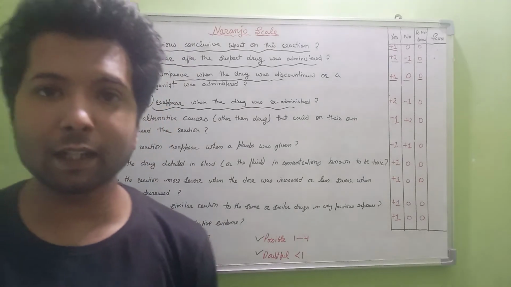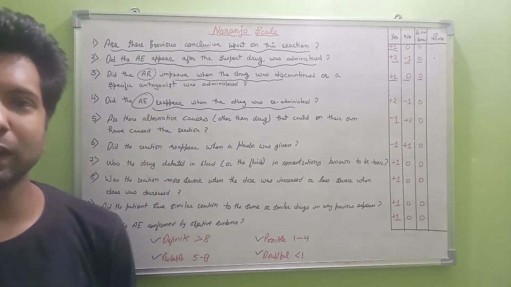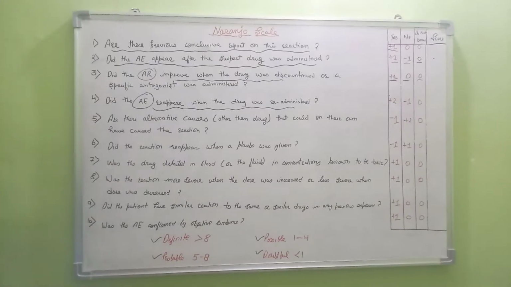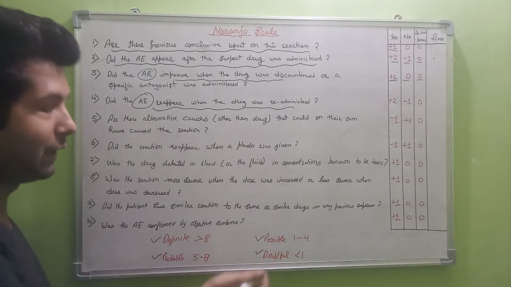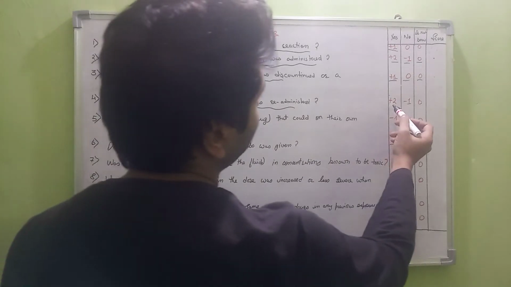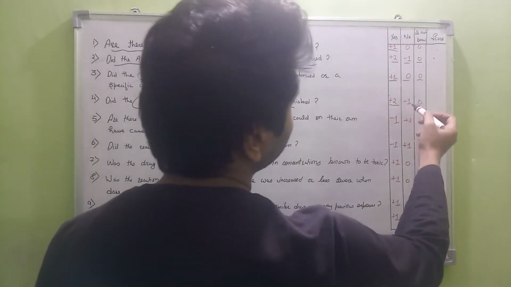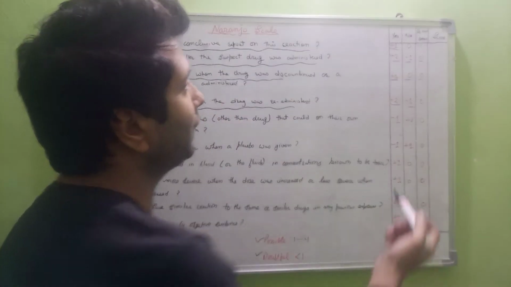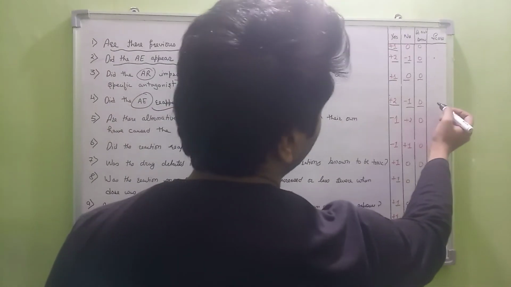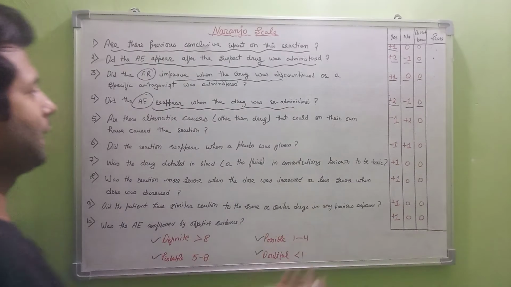Now we reintroduce the drug into the patient, and the patient gets the adverse event again. If so, then we will capture +2, and if it is no, then we will capture -1, and if we do not know, we will capture 0 and we will put the total score here.